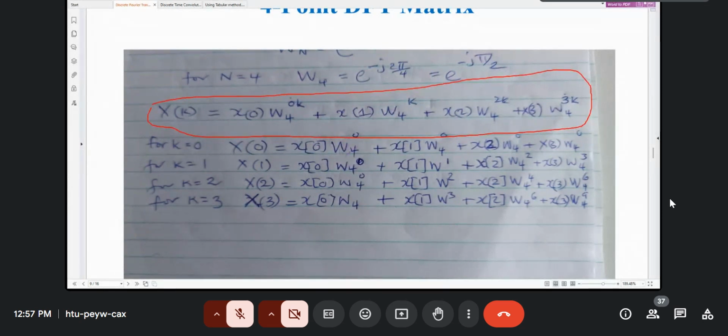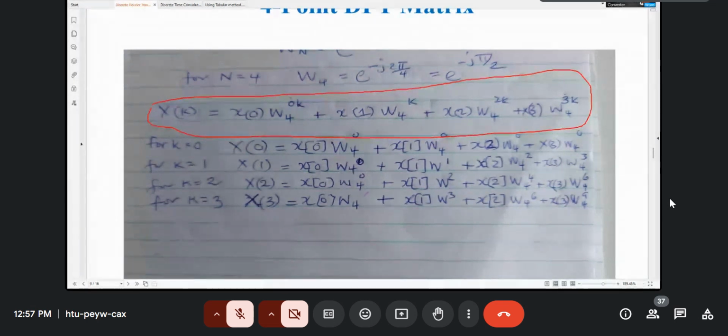Because k is equal to 0, this will just be 1. Anything to the power of 0 is 1. And this is going to be x of 0. So all these will be 1s because of the power of 0.